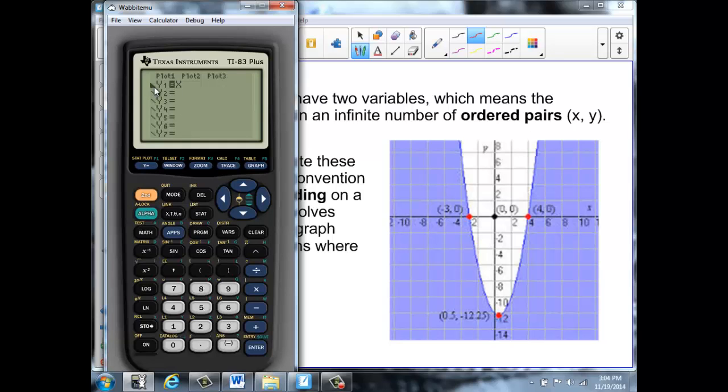Everything on the below side of the line is now shaded. Or if I go back to y equals and go one further, you get the other triangle, and it finds you all the points that are above the line.